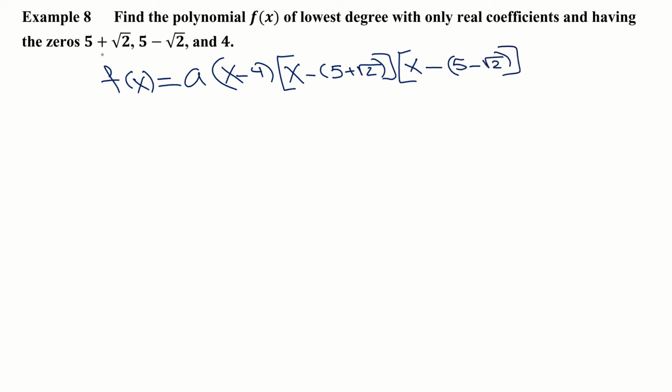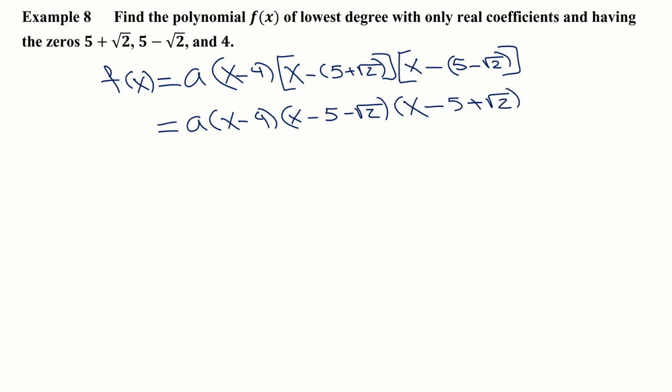Okay, so we get a times x minus 4 times, I'm going to go ahead and get rid of the brackets, so I'm going to multiply the negative out, x minus 5 minus radical 2, and times x minus 5 plus radical 2.